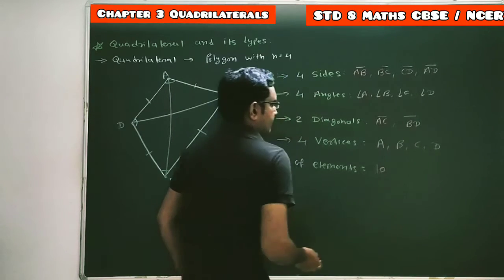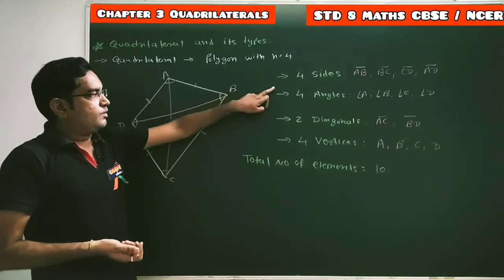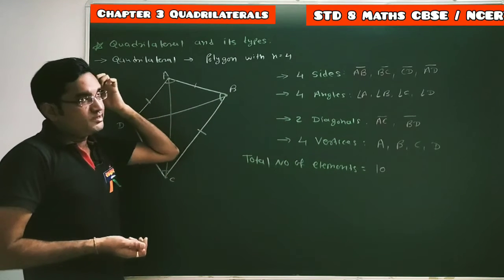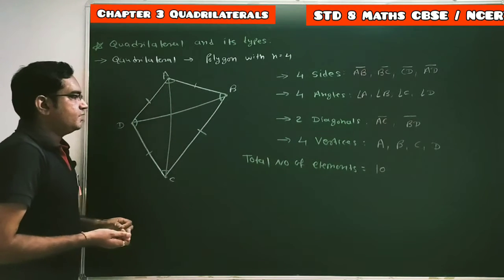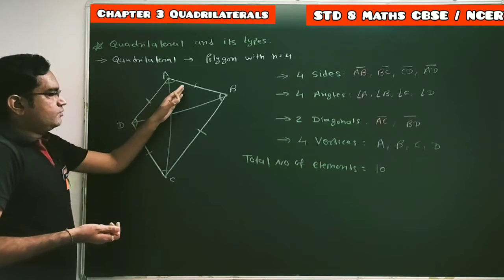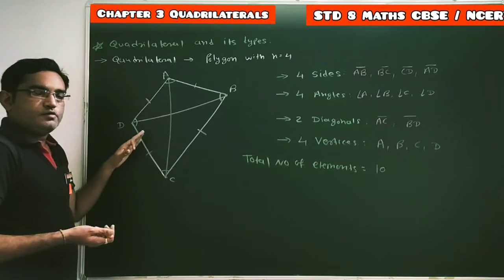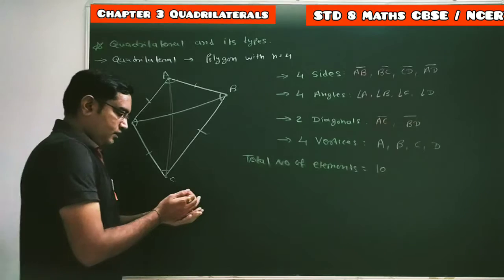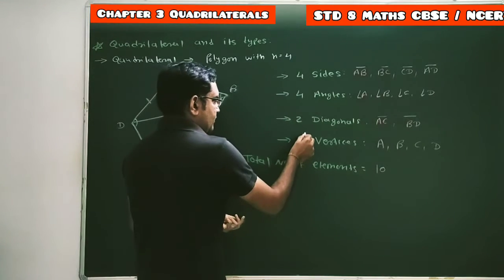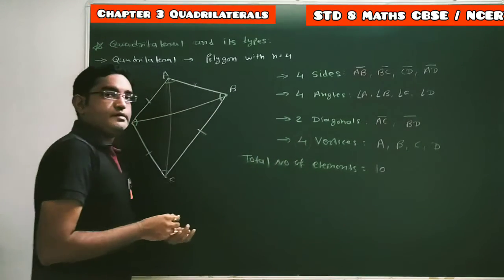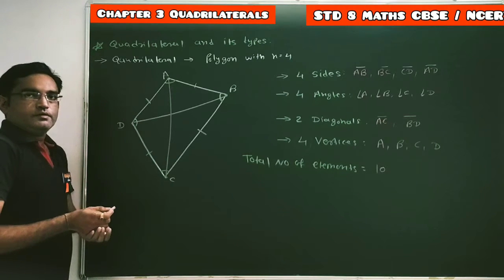Total 10 elements are there. You may say, sir, 4 + 4 + 2 + 4 is too much. But here, for counting the elements of this quadrilateral, we are not considering the vertices. We are not considering these vertices as an element of this quadrilateral.